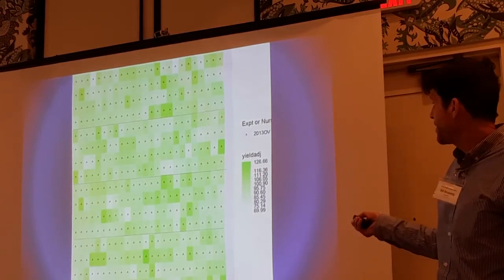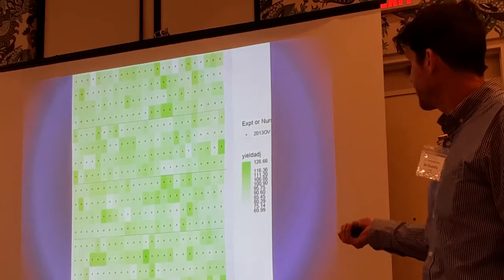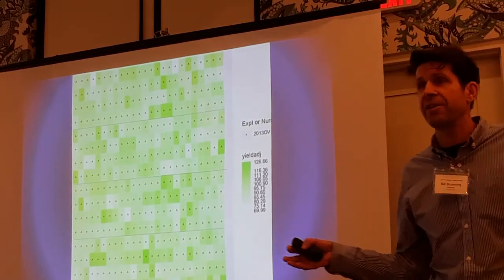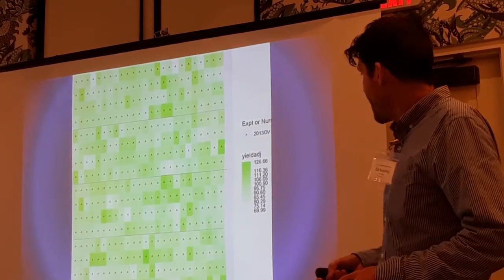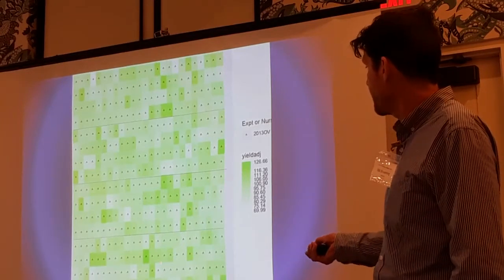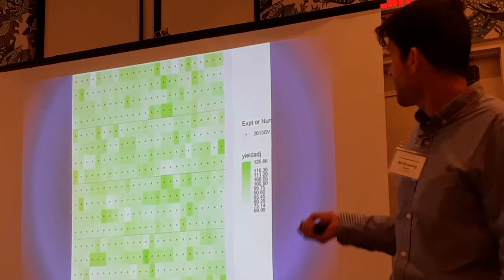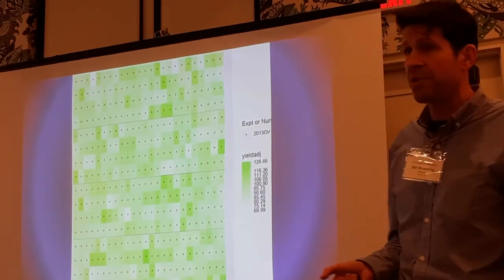We have some high yielding plots, around 120, that are dark green, and the white ones are down near 70. So a broad range in yield, which we would expect in a variety trial. What you can see here, and this would be considered an ideal situation, is a speckling of some high yielding entries throughout the test, and also a speckling of some extremely low yielding genetics.